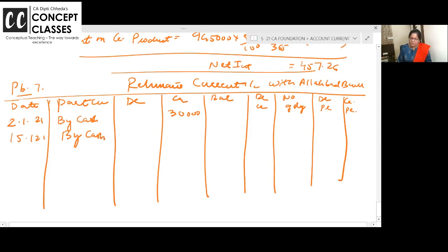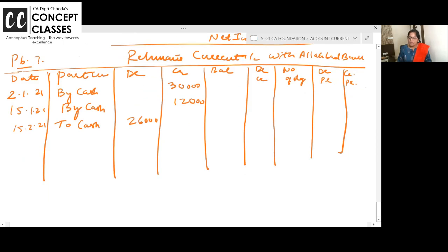By cash, 12,000. 15th of February, drawings, 26,000, to cash. 12th March, 21.